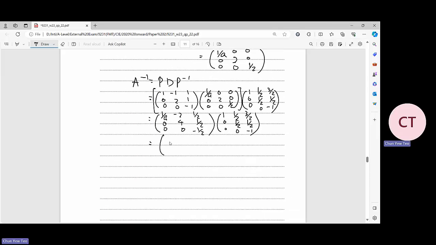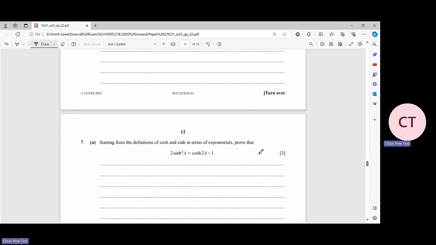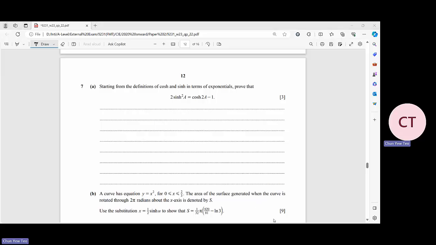Then I get this answer as 1 over a, 0, 0, 1 over 2a minus 1, 2, 0, 3 over 2a minus 3 over 2, 3 over 2, and then a half. So this will be the answer for A inverse. That will be the answer for question number 6C. And moving on, we have question number 7.